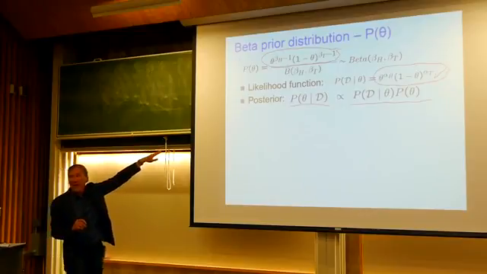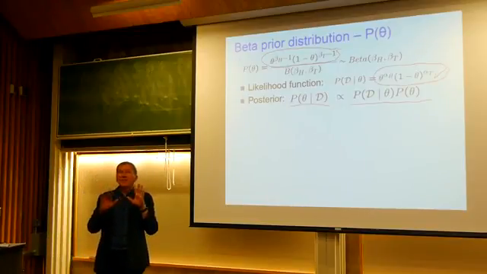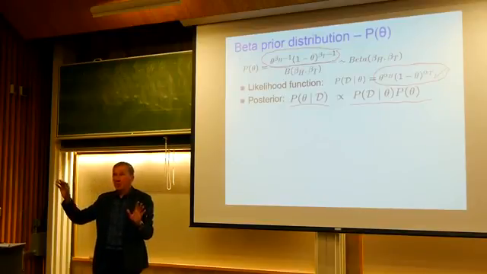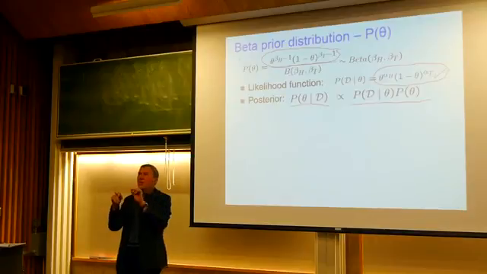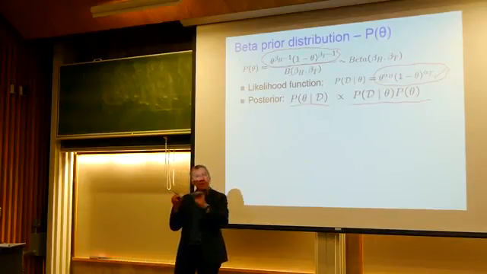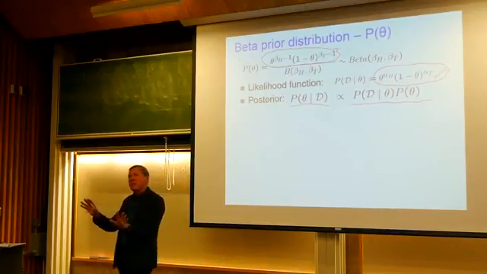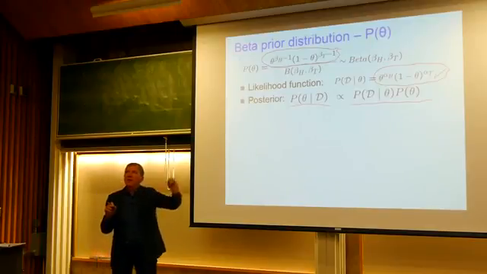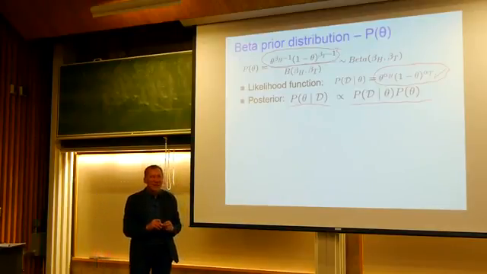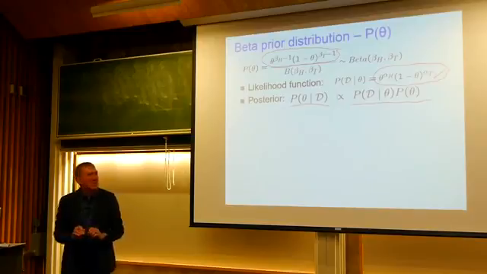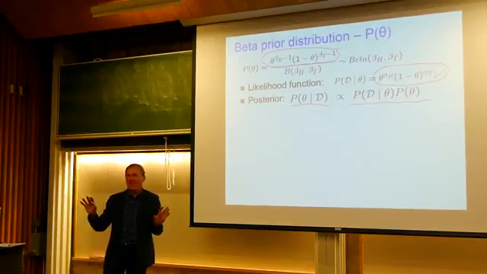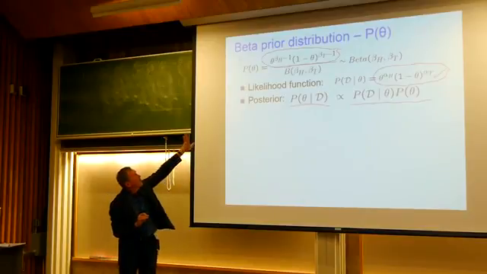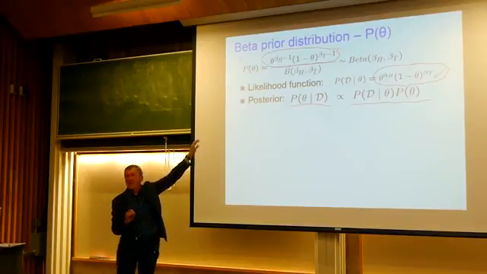By the way, the denominator here is just a term that makes sure the probabilities integrate out to 1. Here theta is a continuous value, so just as before in the joint distribution, we had to make sure the probability summed to 1. Here, the integral of the probability densities needs to integrate to 1. And that's all beta is doing. It's just making sure this is a well-formed probability distribution. But the real action is in that numerator.